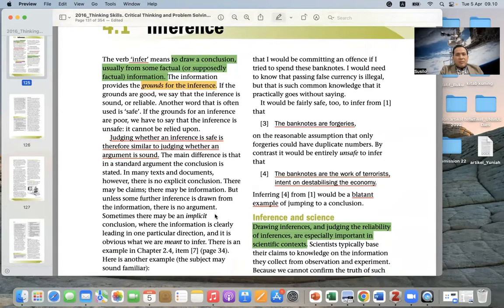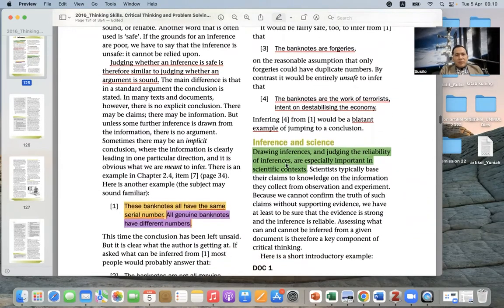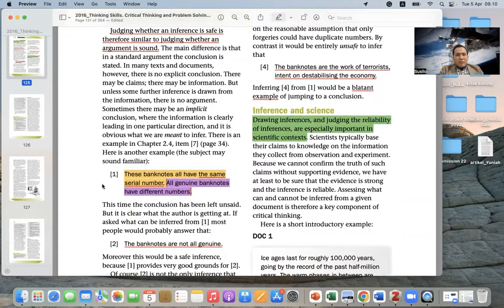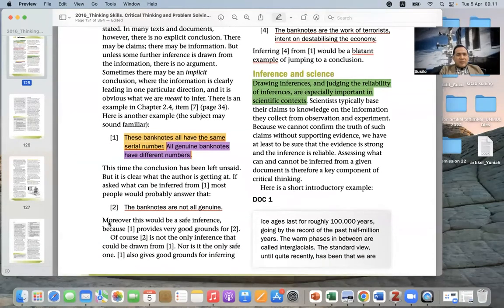Let me give the example. For example, we go back to the example in the book. This is number 1. For example, these banknotes all have the same serial number. All genuine banknotes have different numbers. So look at this one. This is a conclusion: the banknotes are not all genuine.